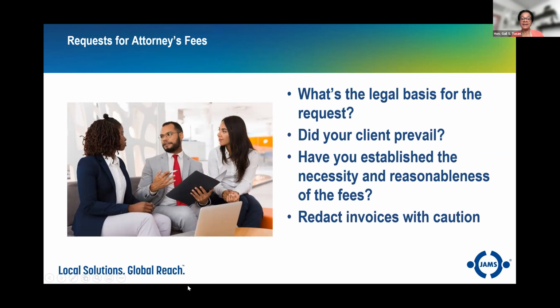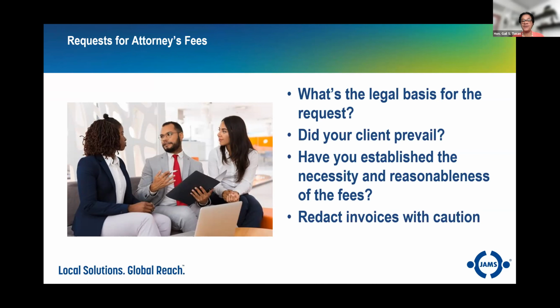I wanted to talk a little bit about attorney's fees, because that is usually also covered in the clause that provides for the arbitration. So you need to reread that and make sure that you are clear as to what provision there is for this request.